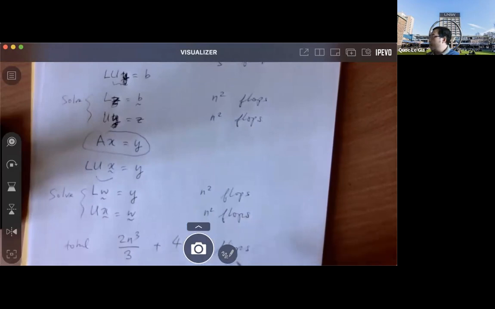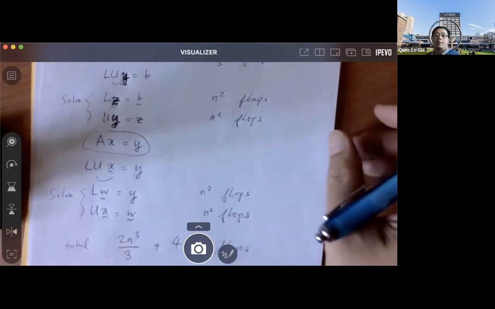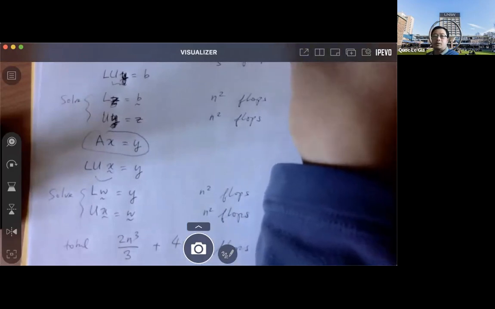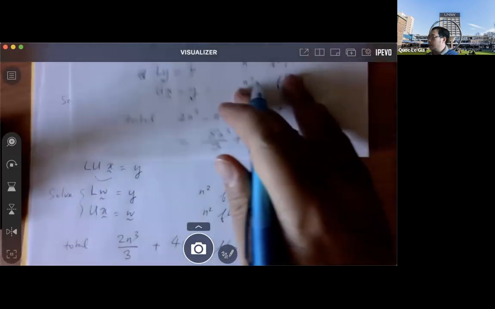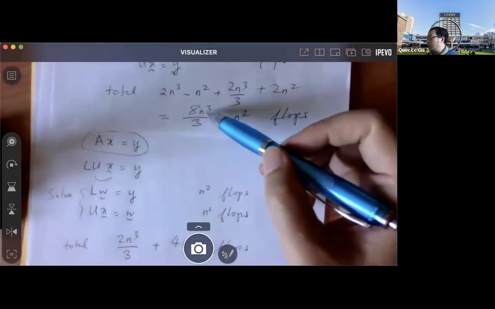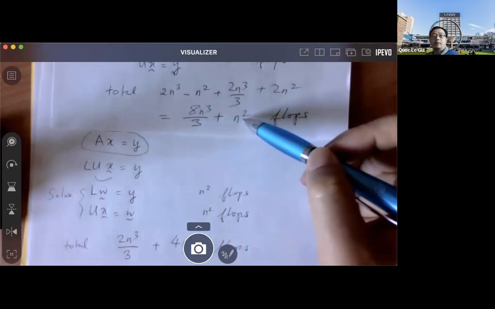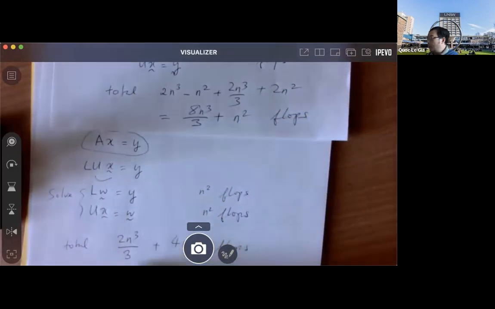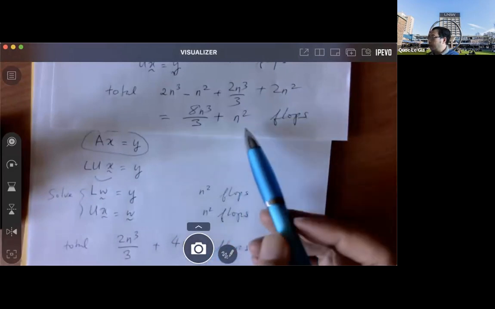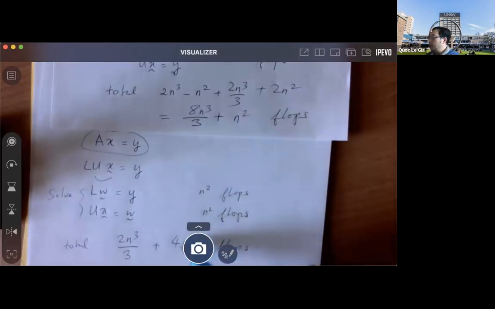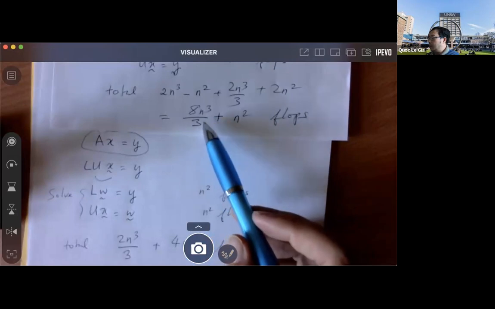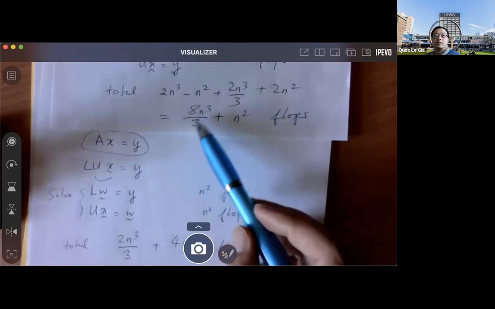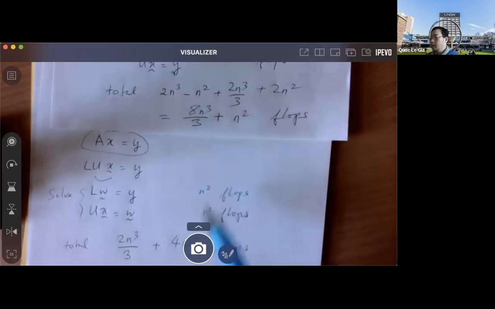Now you compare with the previous approach. The previous approach takes 8n cubed over 3 plus n squared, and this one is only 2n cubed over 3 plus 4n squared. For small n, maybe they could be comparable, but for large n the cubed term is the dominant term.